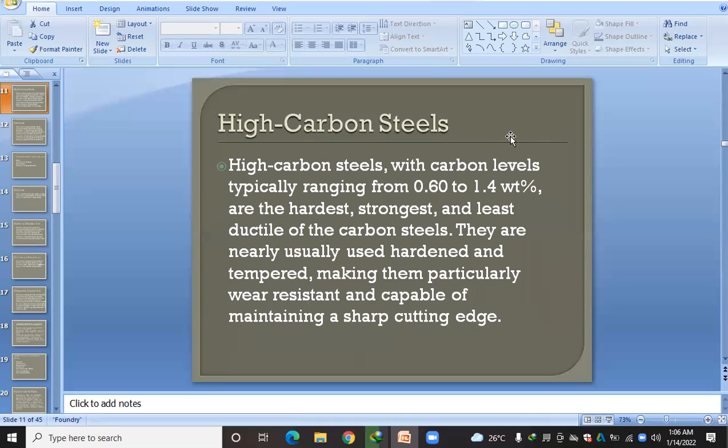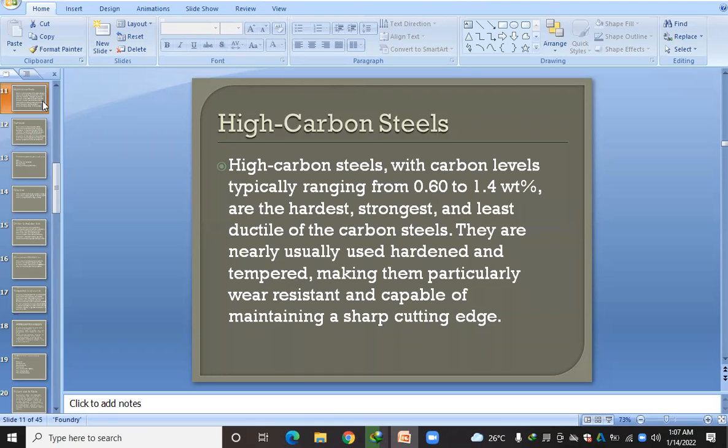High carbon steel is the hardest of all the classes of steel. Examples of high carbon steels are usually cutting tools or knives.